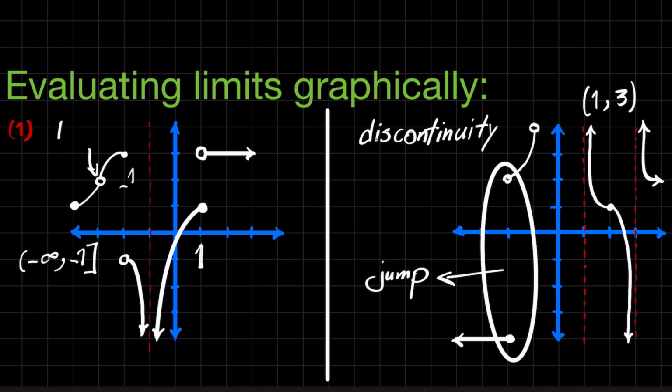And a hole discontinuity is removable, since we could just get a value out of it, just a specific point, but a jump discontinuity is unremovable. As we could see, there's a big gap and the function disconnects.